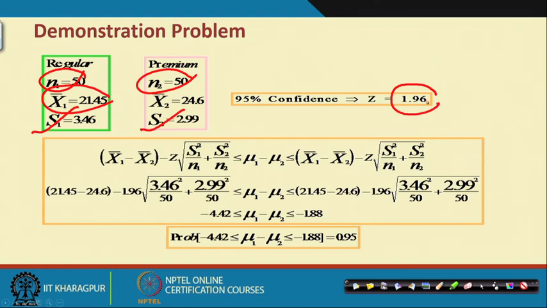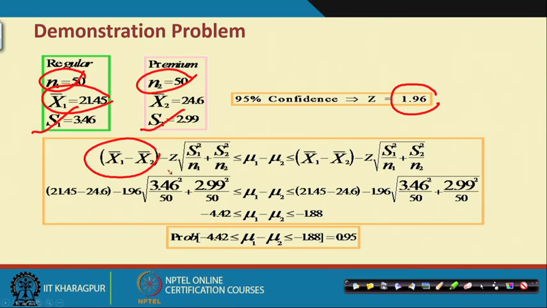Now, what is the standard structure? You have to find the mean difference between the two samples, and then calculate the standard error, that is, the square root of s1 square by n1 plus s2 square by n2.